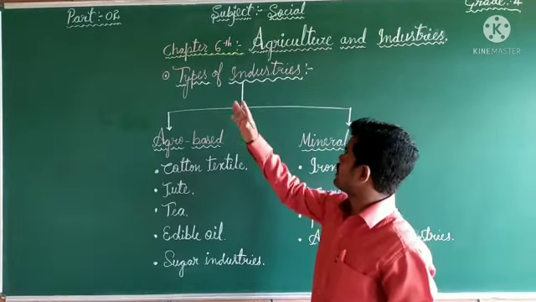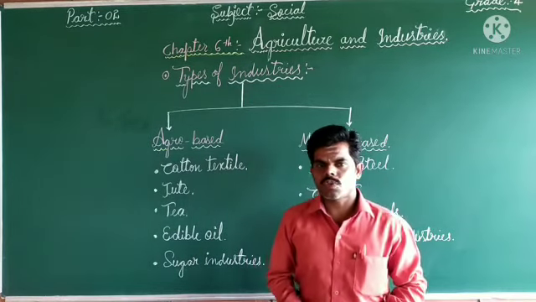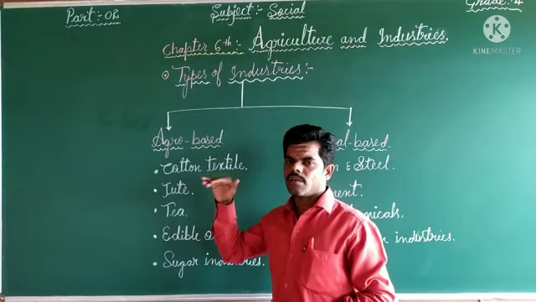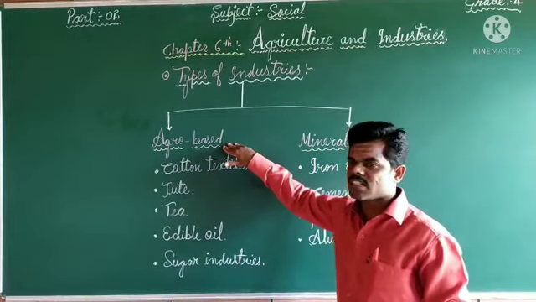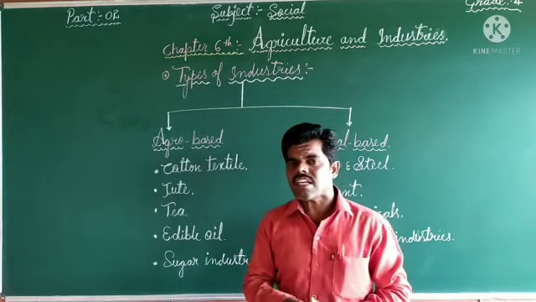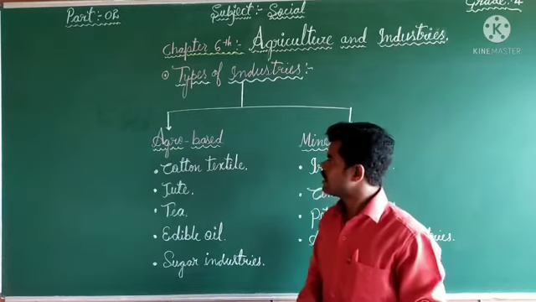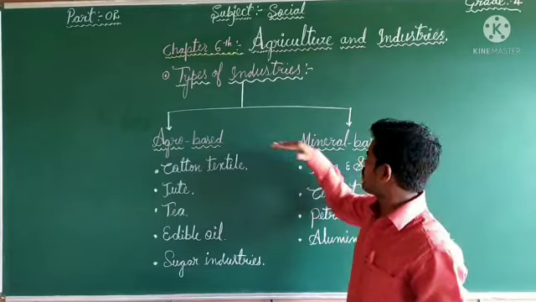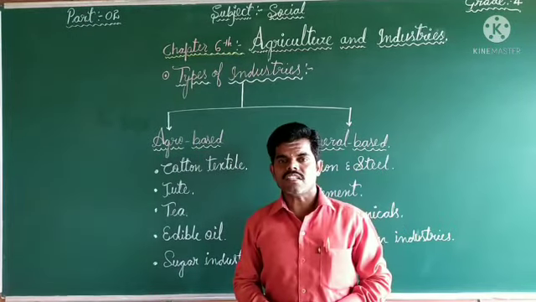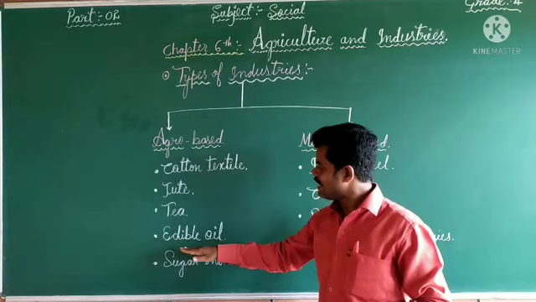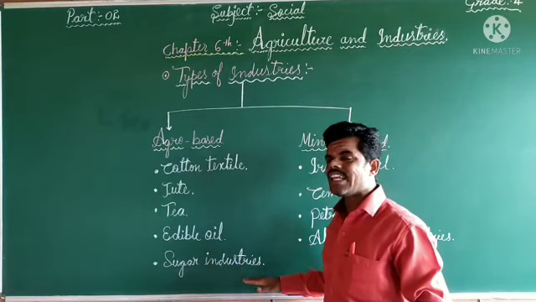The next point is types of industries. Dear students, industries of India are classified into 2 types. The first one is agro-based industries and the second one is mineral-based industries. It totally depends on the raw materials. Examples of agro-based industries are the cotton textile industry, jute, tea, edible oil and sugarcane industries.